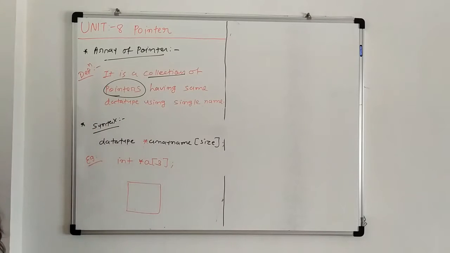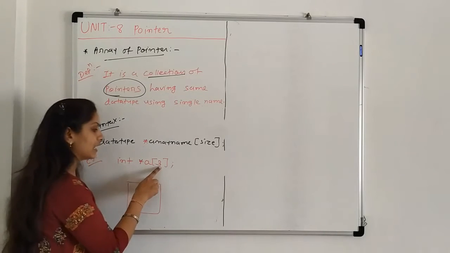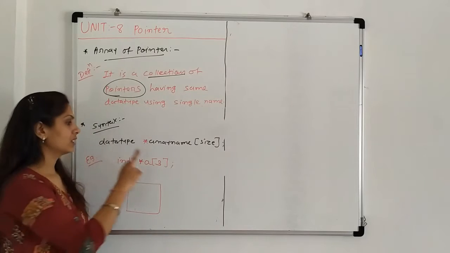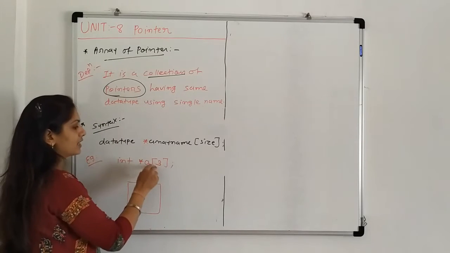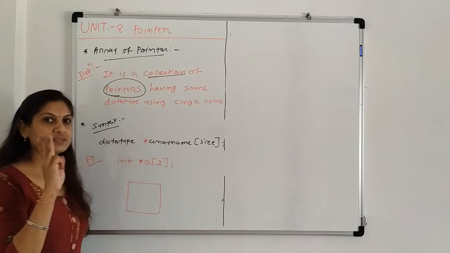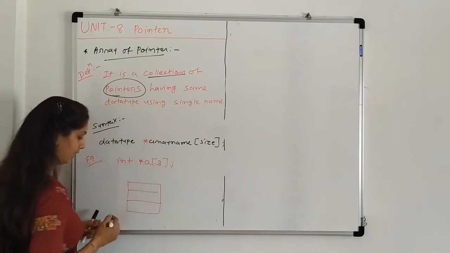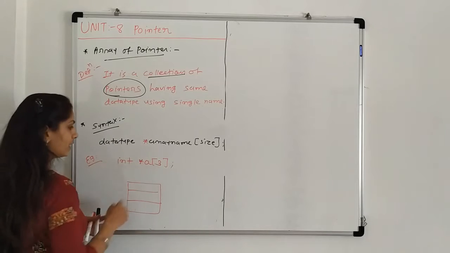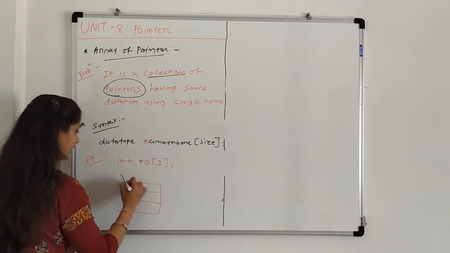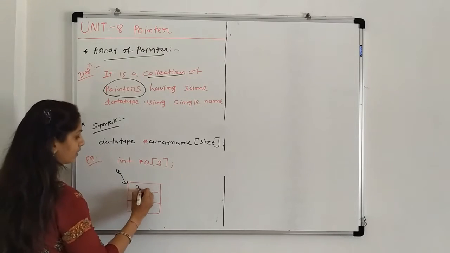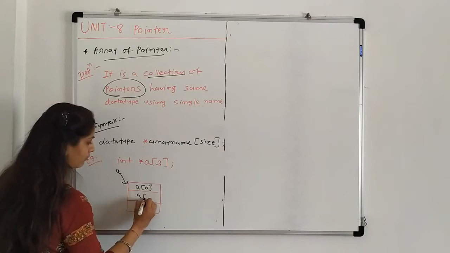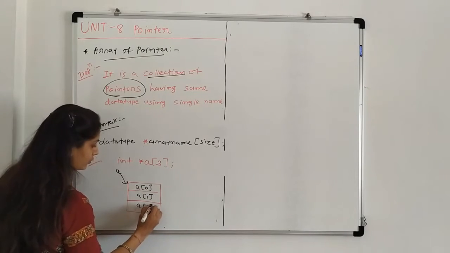It means it is a collection of 3 pointers, with a size of 3. So it has 3 pointers: first, second and third. The name is only single, and that is A. Here A of 0, A of 1, A of 2.